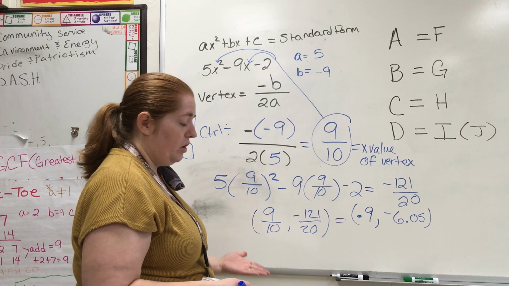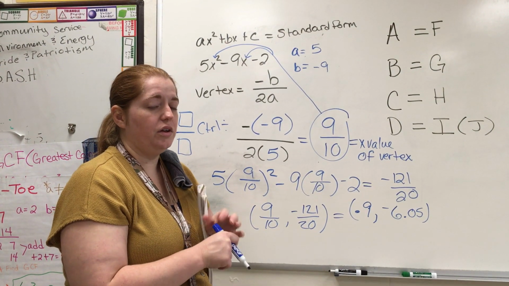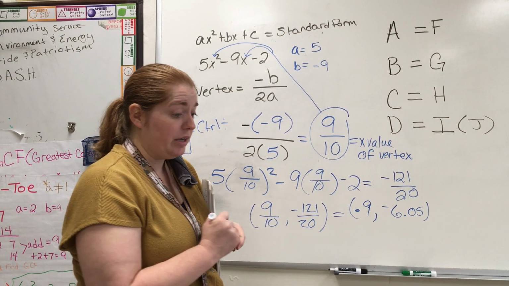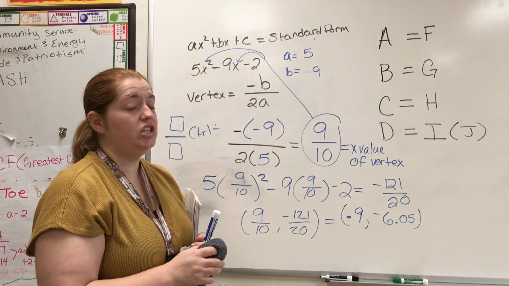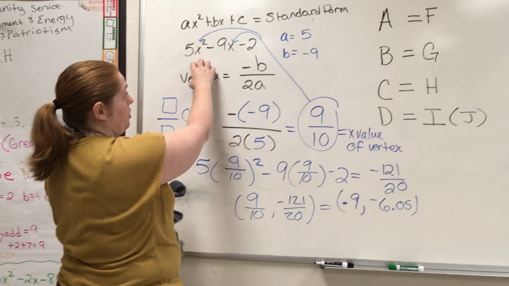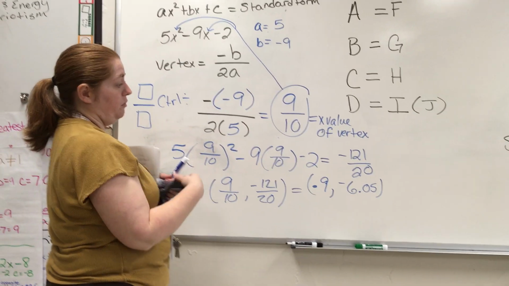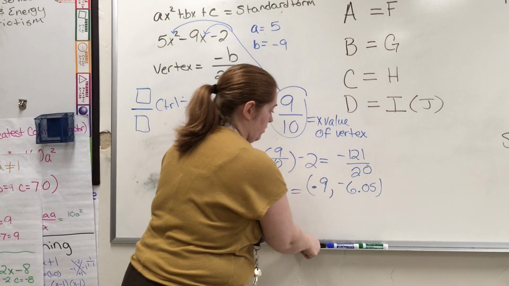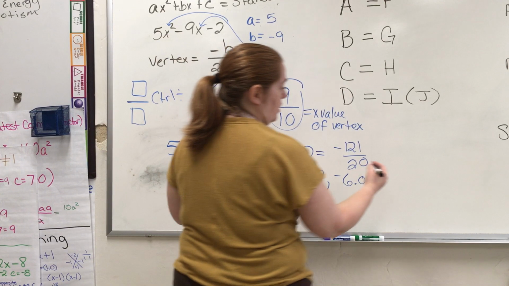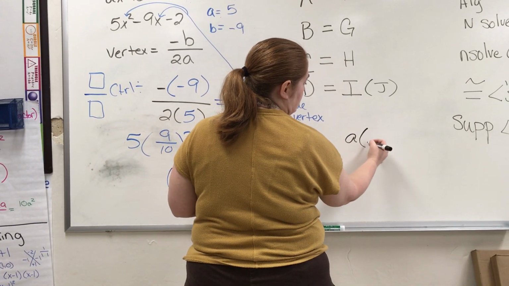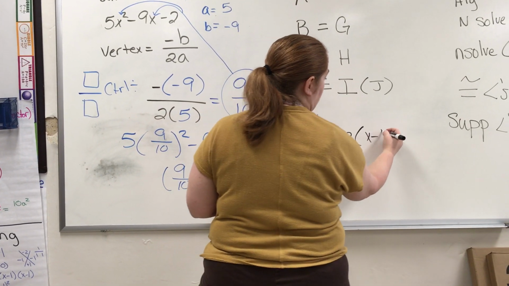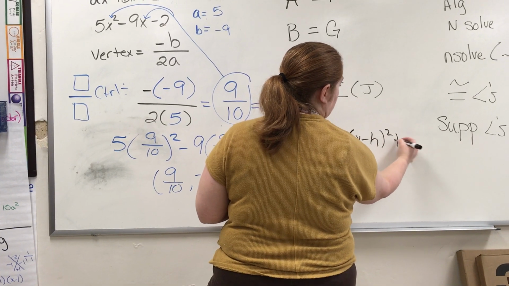Then, part of your problem that you will be dealing with on your test, which is next class period, is going to be changing it from standard form to vertex form. All you need to do there is then take your vertex and plug it in to a times x minus h all squared plus k.